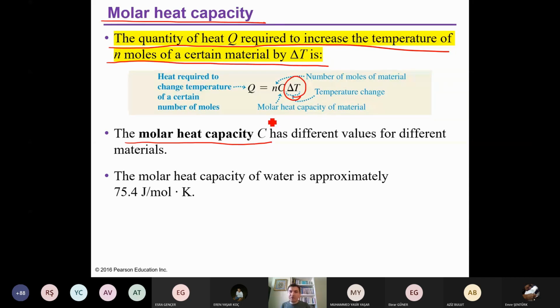And this is the number of moles of material, this N here. So the quantity of heat required to change the temperature of a certain number of moles is given with this expression. For example, here we have molar heat capacity of water. It is approximately equal to 75.4 joule per mole per Kelvin.